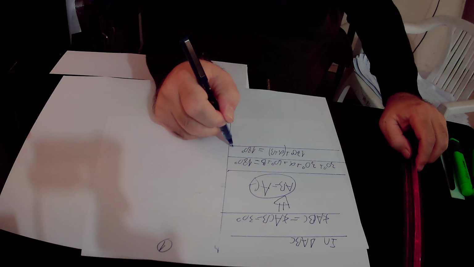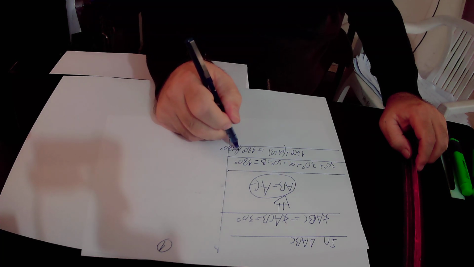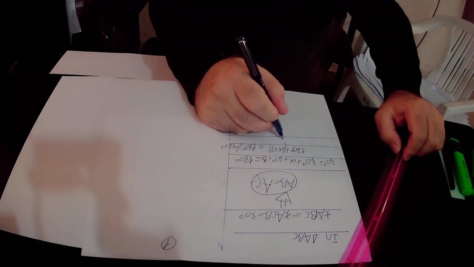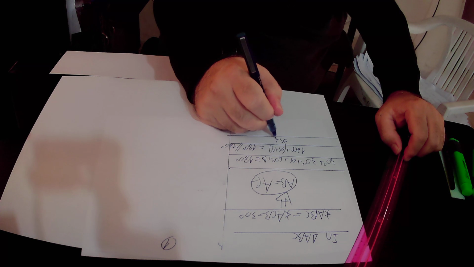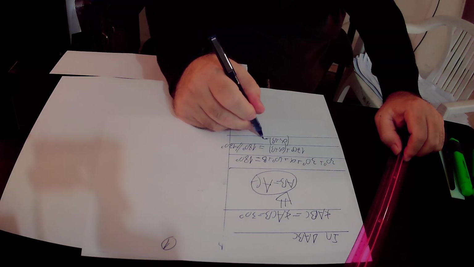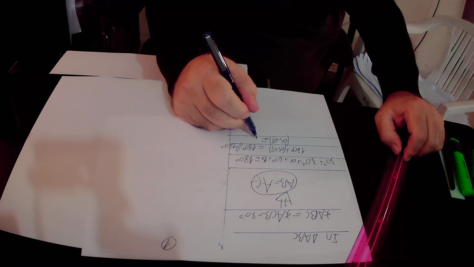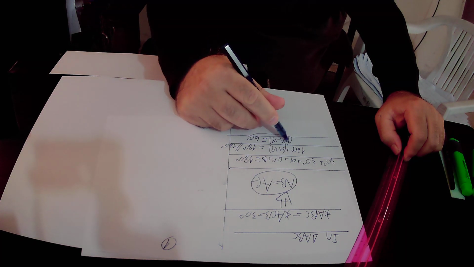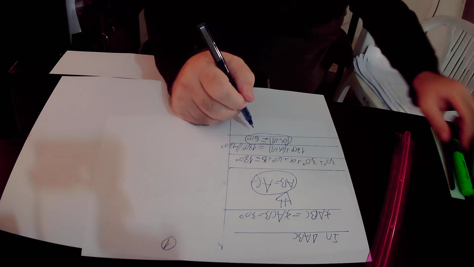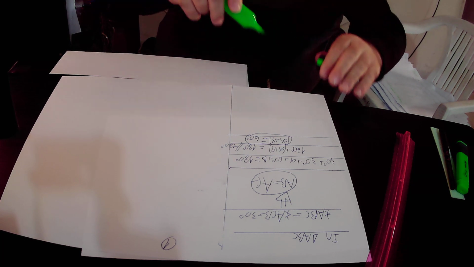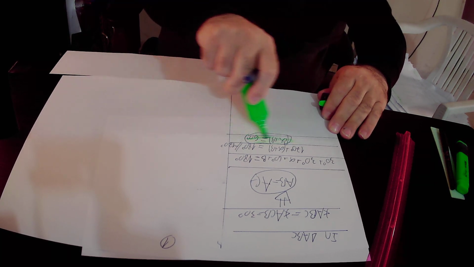So here we subtract 120 degrees from this equation, and we get that alpha plus beta equals 180 degrees minus 120 degrees, which is equal to 60 degrees. So we found out that alpha plus beta equals 60 degrees.